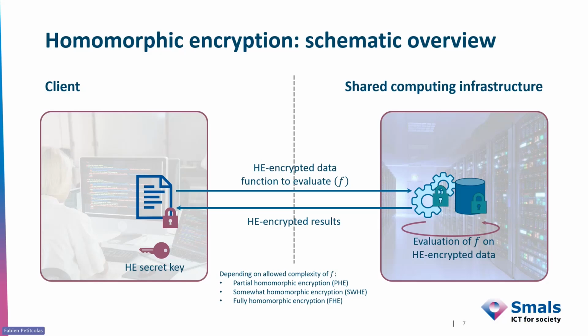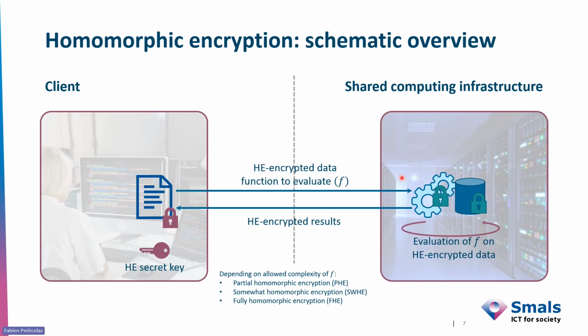So as I said, with homomorphic encryption, we start with encrypted data, and in fact, this encrypted data is never decrypted. So here is an encrypted file on the client side. We send it to the remote infrastructure, and we send it together with a function f to evaluate on that data.